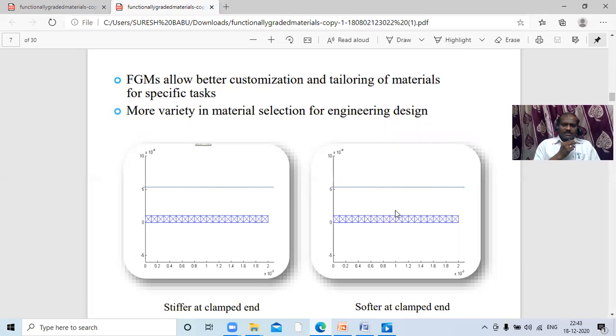That means the same material can be used for two purposes by changing the pattern inside that material. That is possible for these FGM materials, that is, functionally graded materials. So this is another advantage when compared to the previous one.